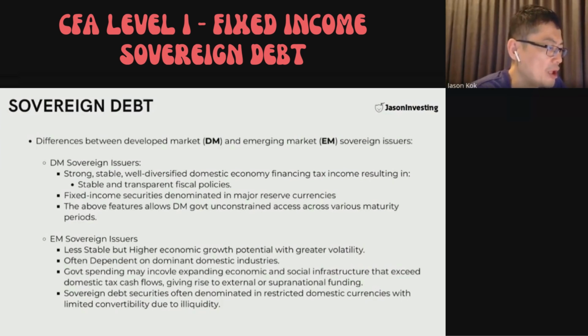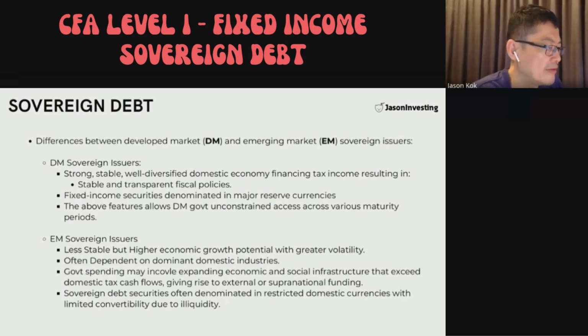The reason we keep talking about economic growth is that the higher the GDP, the more tax income the government is able to generate. But even though emerging markets have higher GDP growth, they have a lower GDP overall. So the tax income from developed markets is still a lot higher.